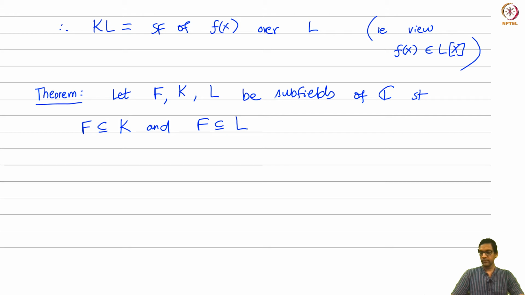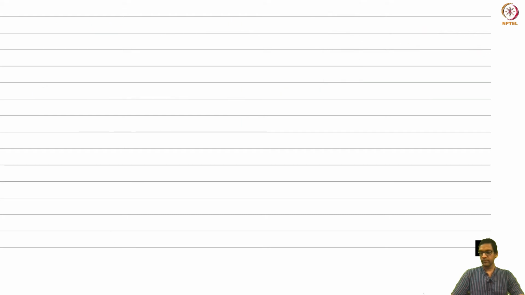Now if one of them is finite and Galois, let's start drawing a picture. So I have F. Now F is contained in K, it's also contained in L. So in fact F is contained in their intersection. So I have this field K intersection L, and F is contained in their intersection.